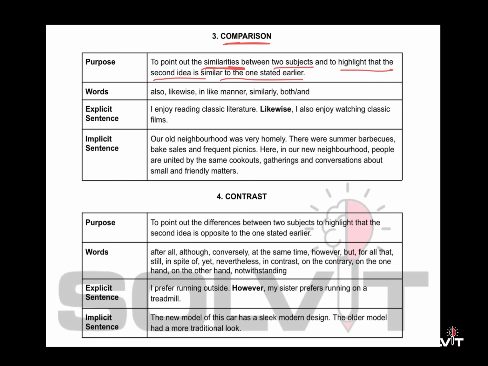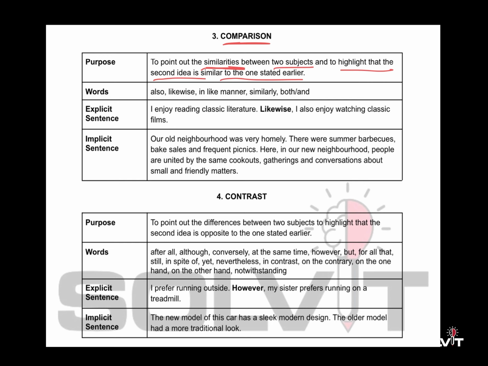So, for example, if in the first sentence he's talking about apples, right? So he's saying that apple is a fruit, and in the second sentence, he's saying likewise orange is also a fruit. Okay, so what happened here? In the first sentence, he mentioned a subject, he talked about a subject, and in the second sentence, he mentioned another subject and also pointed out the similarity between the second subject and the first subject. Hopefully, this is not too confusing for you.